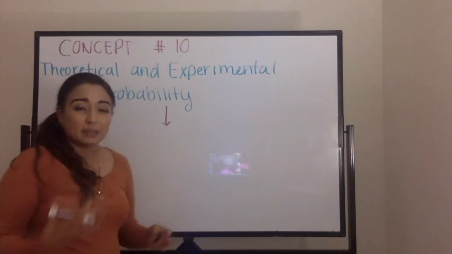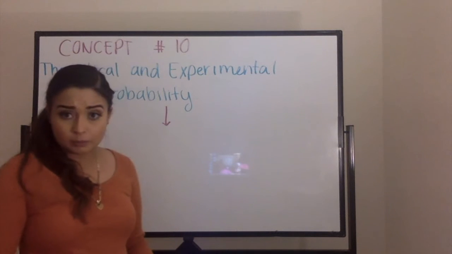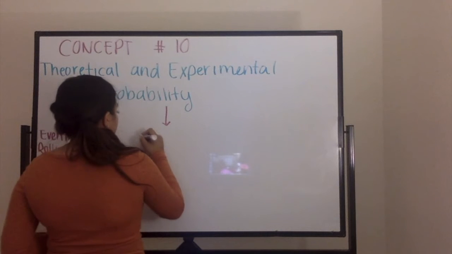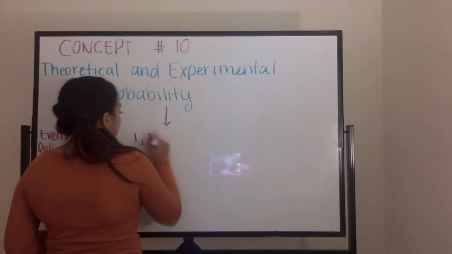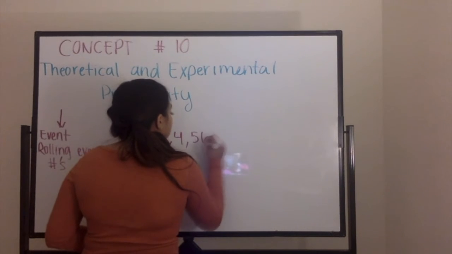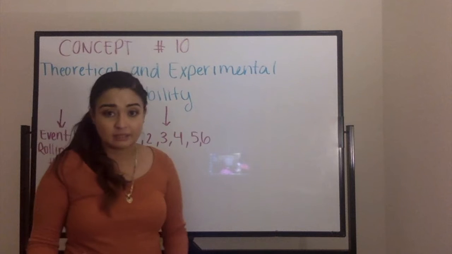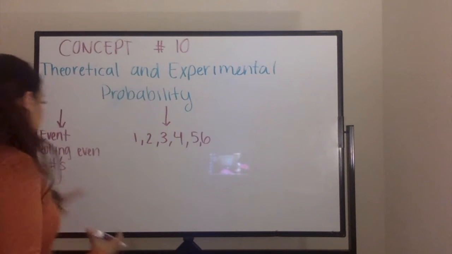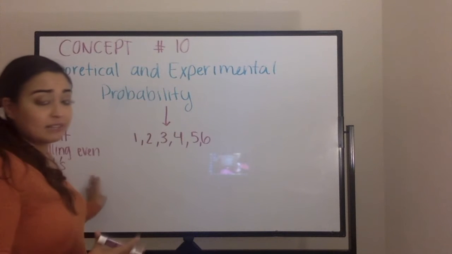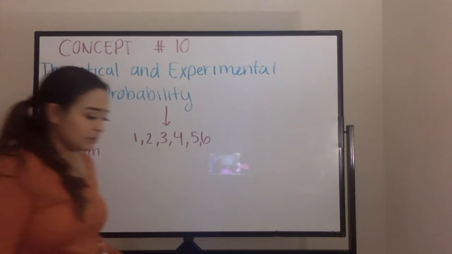So, how many numbers are there on a die or a numerical cube? Six. So my possible outcomes are 1, 2, 3, 4, 5, 6. Those are all the outcomes I can possibly get. Now, my event, or what I'm shooting for, is an even number.